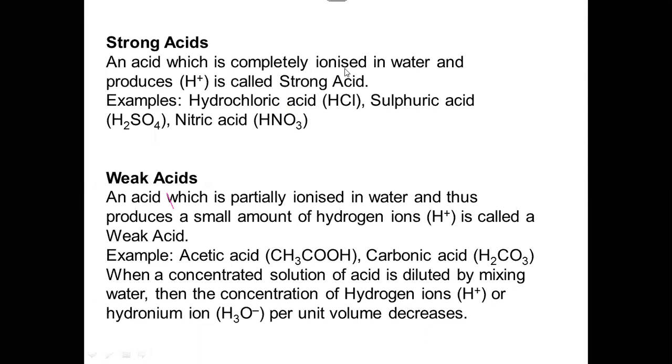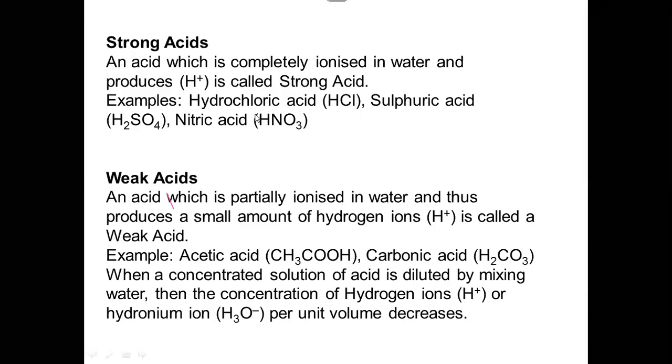So completely ionized and partially ionized, that is the difference. An acid which is partially ionized in water and produces a small amount of hydrogen ions is called a weak acid. And the strong acid is completely ionized and produces a large amount of H plus ions in water.